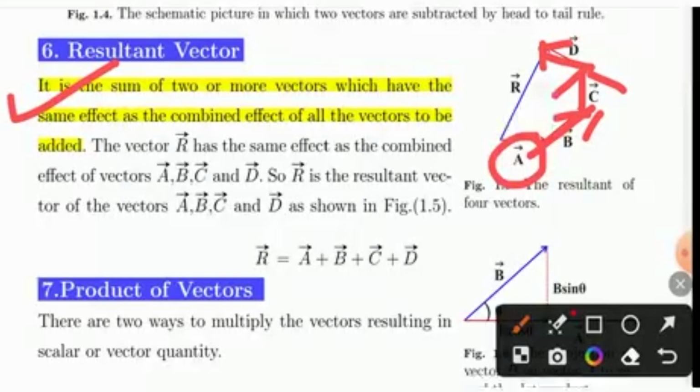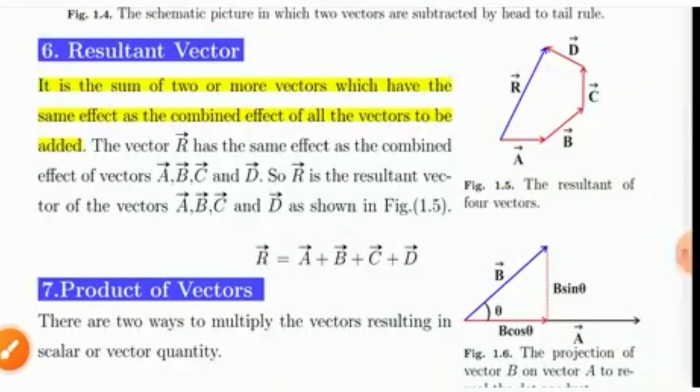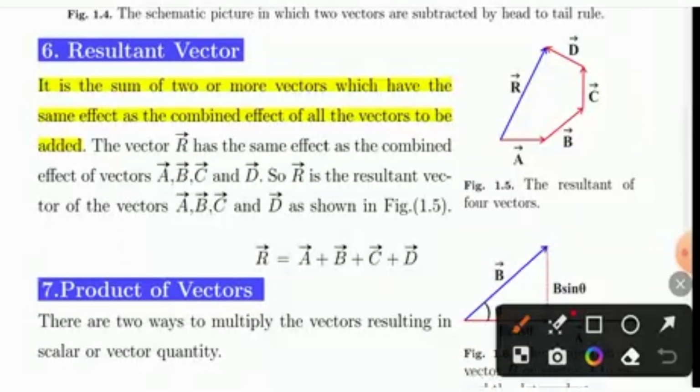At the end, the resultant vector is connected tail to tail and head to head. Here you will see the final blue vector, the resultant: its tail is connected with the tail of the first vector, and its head is connected with the head of the last vector.